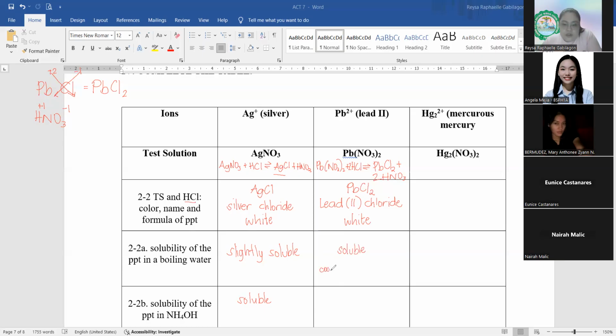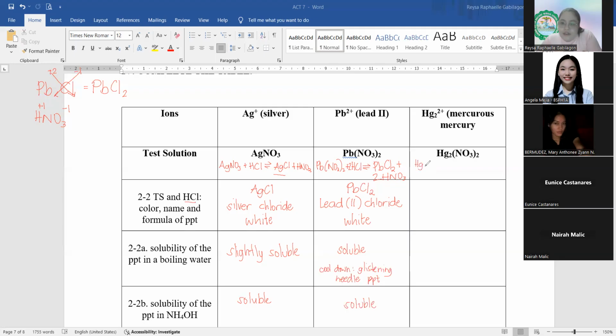Okay, pag nag-cool down, soluble siya kung boiling ang water, pero pag nag-cool down na, mabubuo na ulit yung precipitate. So, ganito na yung kanyang mukha. PPT is precipitate, ha? And then, on the other hand, it's still soluble sa ammonium hydroxide. Okay?